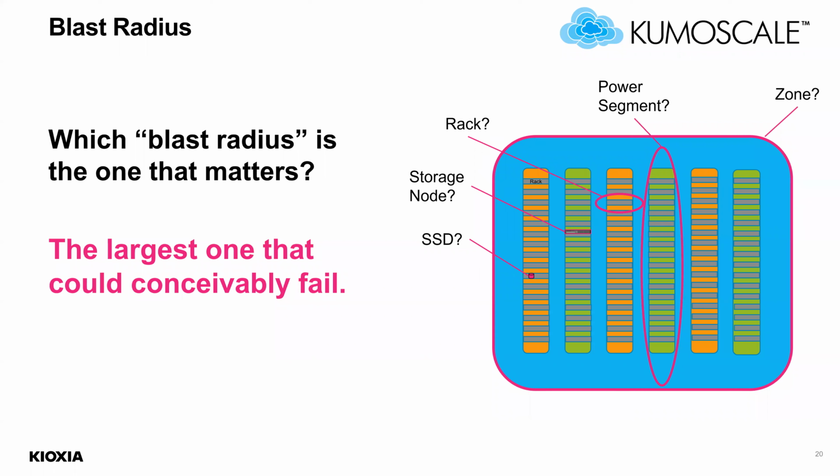And so when you're choosing a storage solution, you had better choose one that has the flexibility to provide failure protection across whatever your largest failure zone is. And that needs to be a primary criterion for the choice.